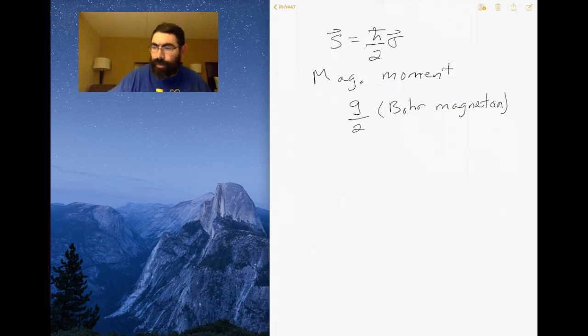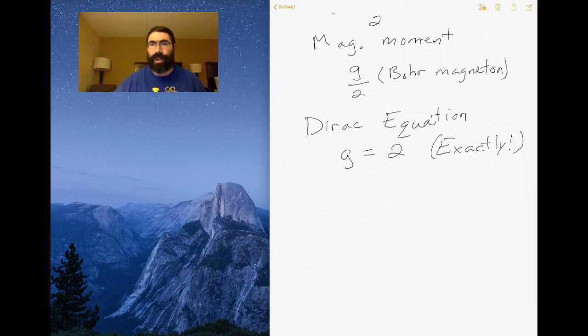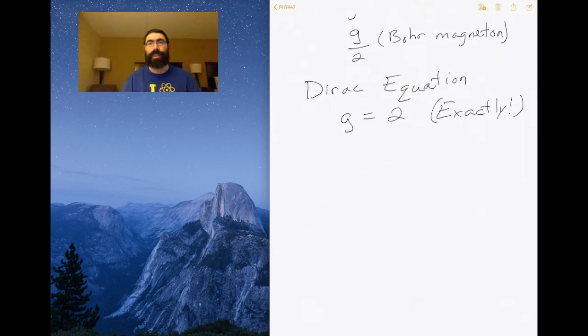And so from theory, the Dirac equation predicts a G factor of 2, and I'm going to emphasize this exactly. So there should be a value of 2 coming from the derivation of the Dirac equation of an electron, a relativistic, a fast-moving electron in a magnetic field.